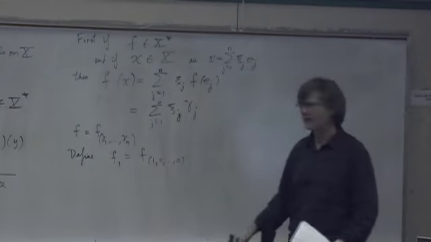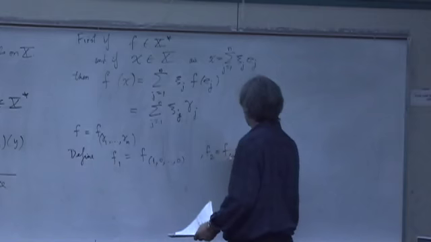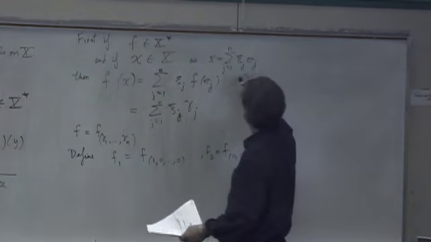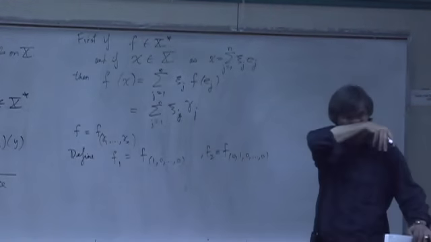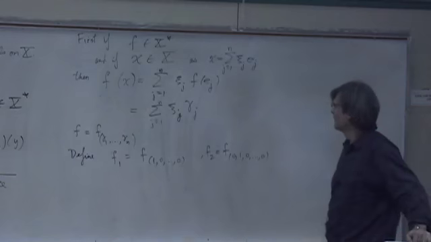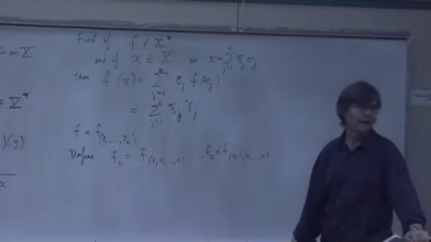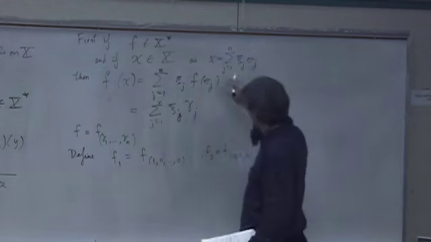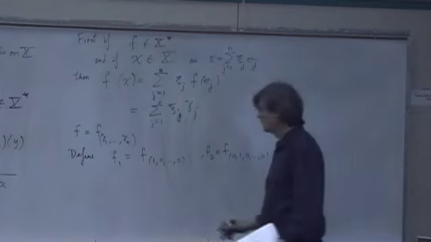Define f1 equals this, f2 equals f sub 0, 1, 0, ..., 0. So the e1 through en might not be the standard basis vectors, they're just some general basis. In fact, there might be some other basis if you're working with Rn. But now we're going to take the dual basis relative to this basis e1 through en, defined like this.